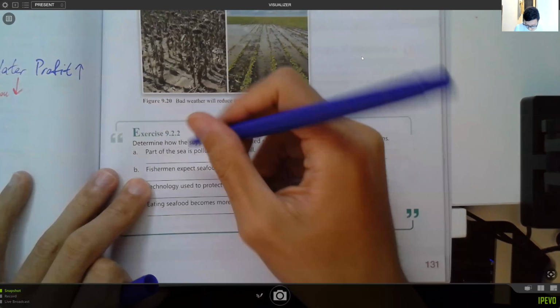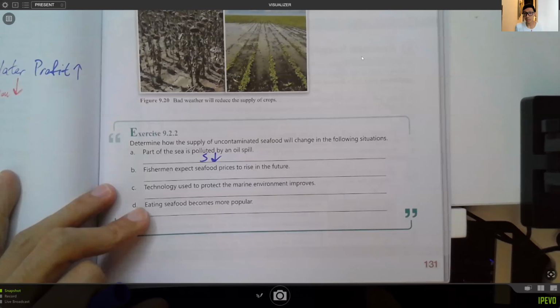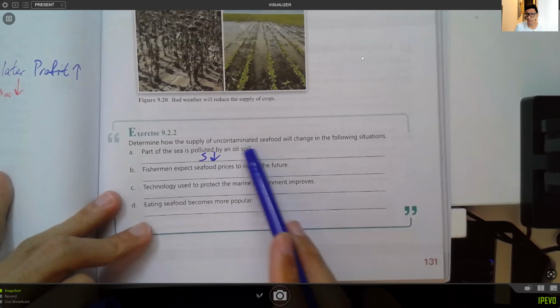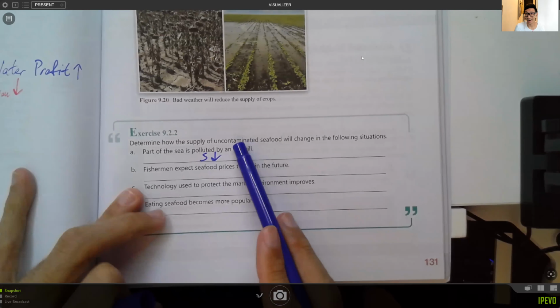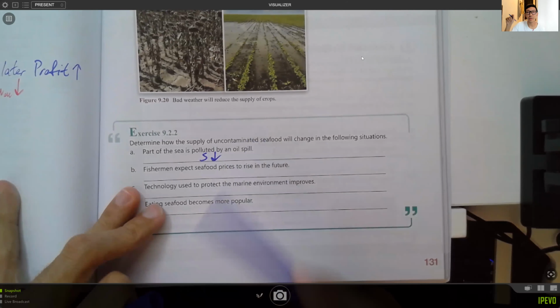Now, therefore, you will see supply would decrease because basically no production. 係嘛？The possibility of production of uncontaminated seafood would decrease.